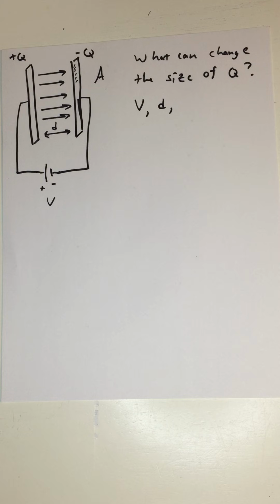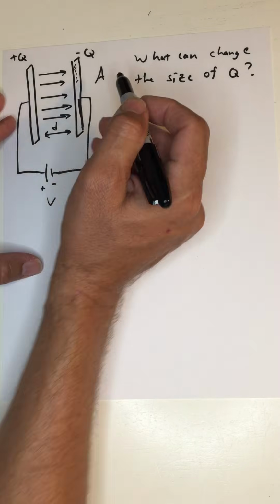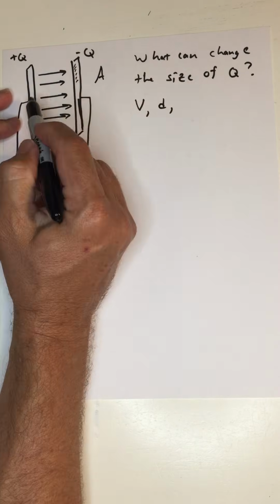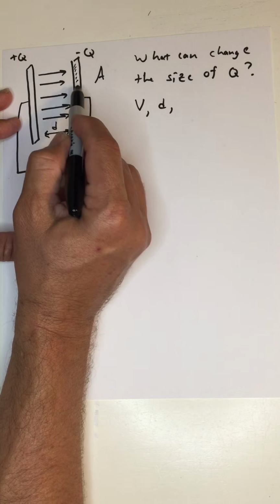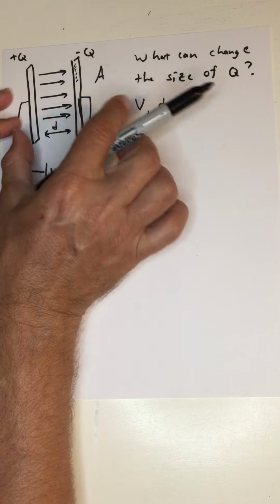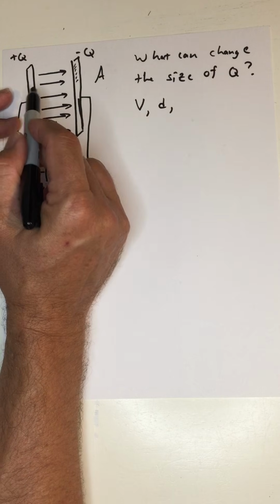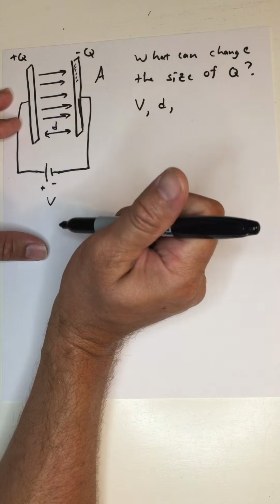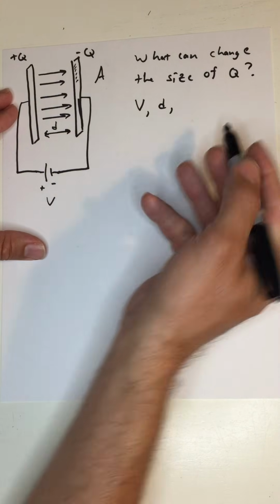And of course, the electric field depends on distance, right? It's distance dependent. So if I make this thing closer, if I bring it closer, the electric field gets stronger and more charges get kicked off. If I make it farther apart, they don't feel the influence as much. The electric field has gotten weaker over here, and I can put fewer charges on there. So D works just fine.